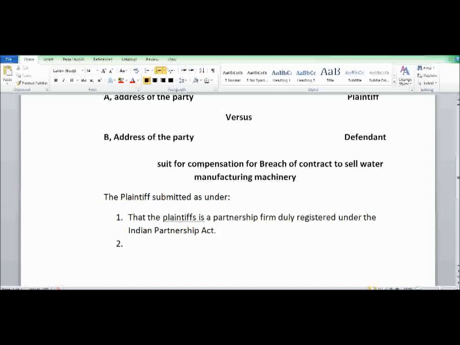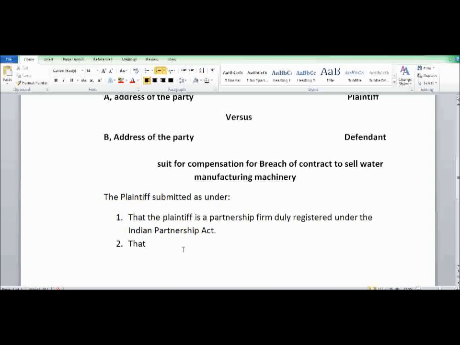Now we will come to the second ground, and in the second ground we will take the defendant into consideration: who the defendant is and what contract he has made. So let us start.